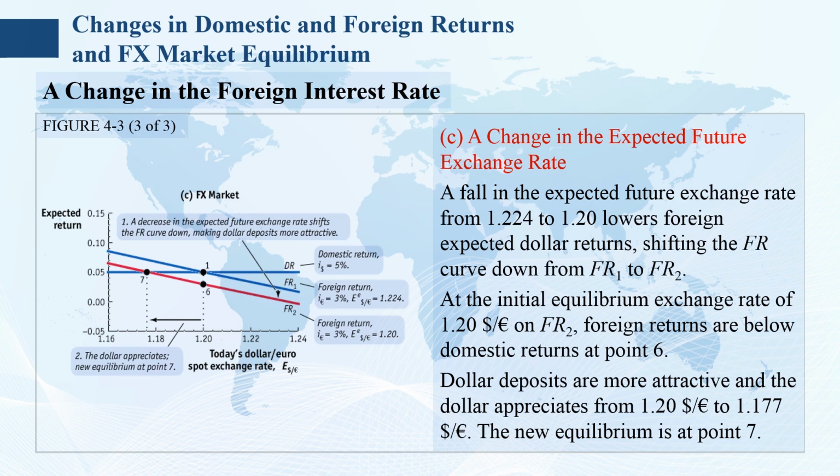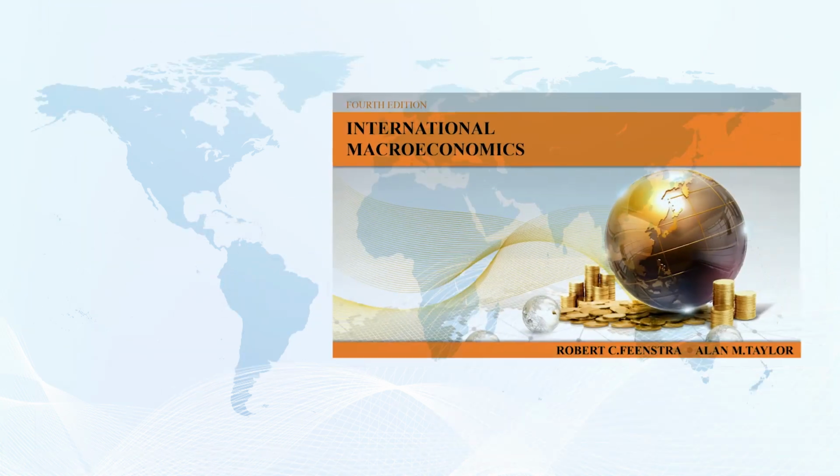At the initial equilibrium exchange rate of $1.2 per euro on FR2, foreign returns are below domestic returns at point 6. Dollar deposits are more attractive, and the dollar appreciates from $1.2 per euro to $1.177 per euro. The new equilibrium is at point 7.